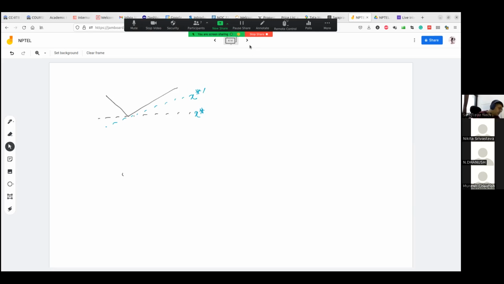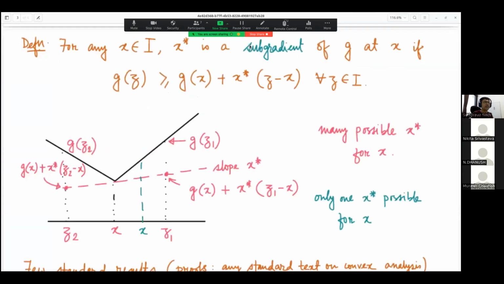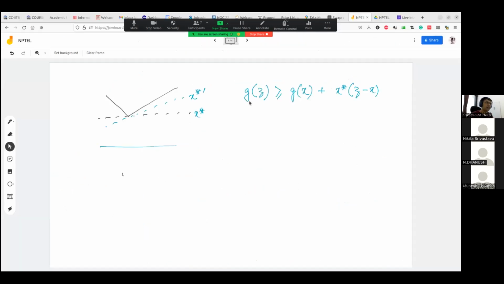Because if you write the corresponding function, let's go back to the definition again. The point is that g of z should be at least as much as g of x. So you pick any arbitrary point z, and you take the difference from that point, z minus x, and multiply with that x star. So what should that mean in this context? Let's go back again.